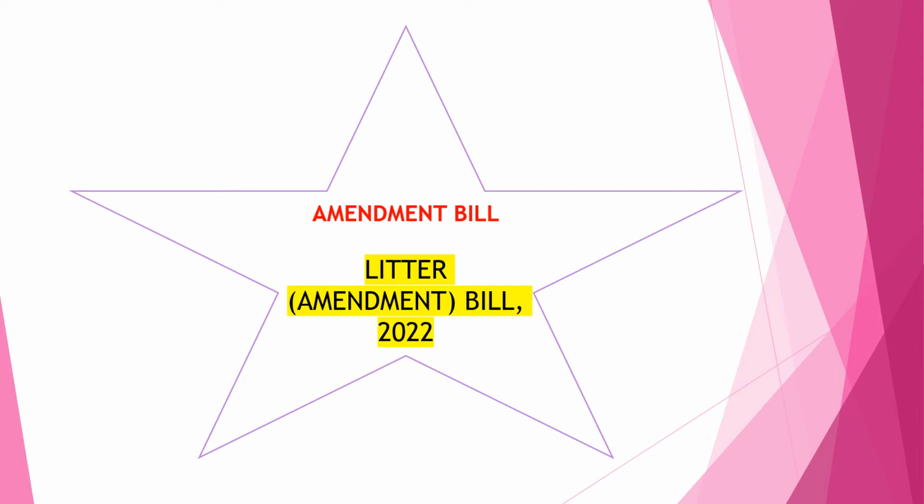So you see the word amendment is located in parentheses after the title of the bill. And that usually would give an indication that the bill is an amendment bill and not a new bill.